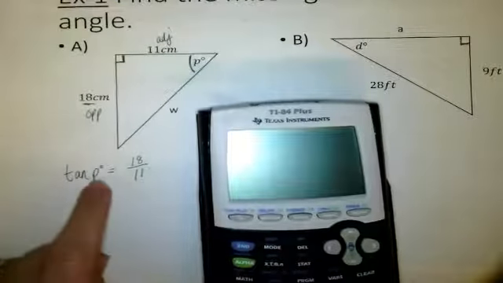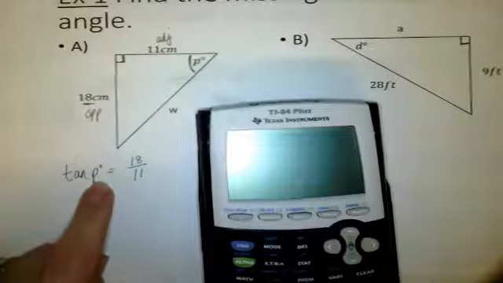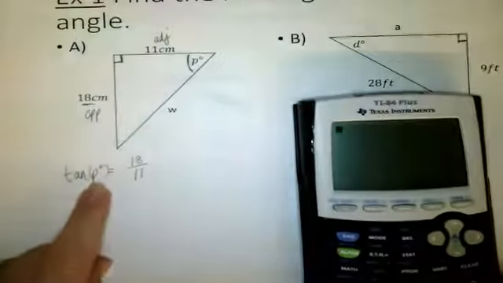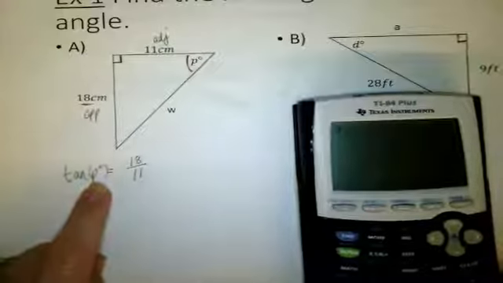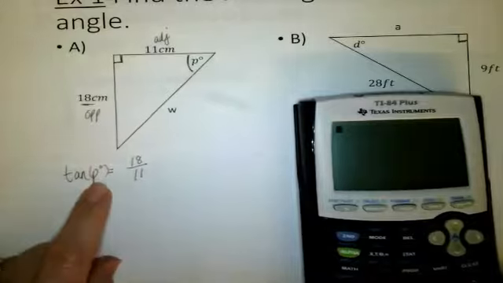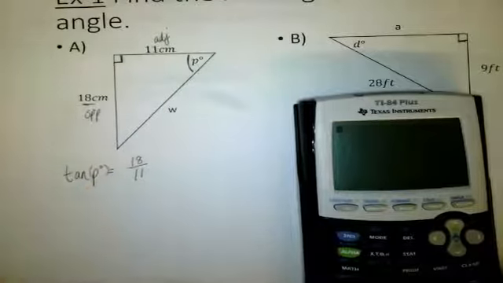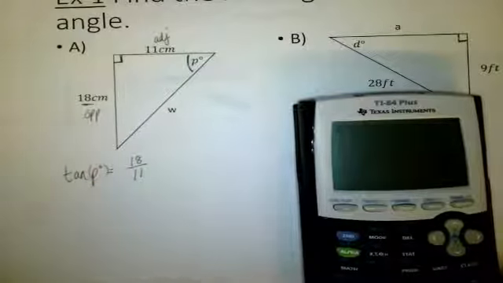Right now, that P is trapped inside the tangent function. If I want to get that tangent off, tangent is not a number. I can't divide by tangent. It doesn't work that way. It's a whole function, so I need something to cancel it out, which would be the inverse function.